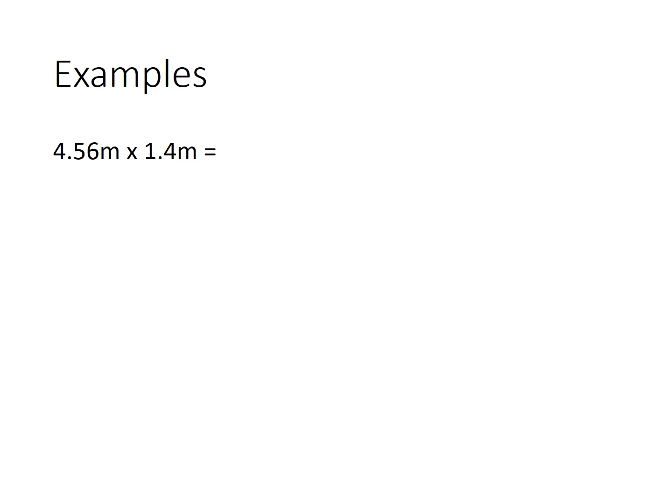Let's look at this example. We have 4.56 meters times 1.4 meters. The first number has 3 significant figures and the second number only has 2. The answer that our calculator gives us is 6.384 square meters. It actually goes to the 1/1000th place of a square meter.